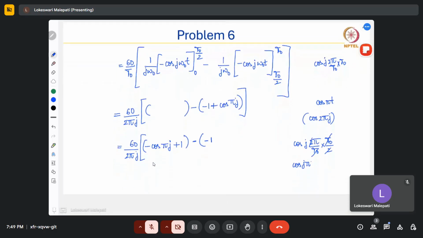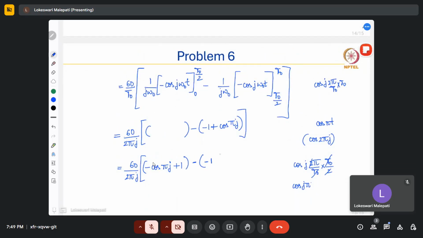And then again, minus cos, so we will get plus cos pi j, because the second term is minus and there is one more minus. So this is 60 by 2 pi j of 2 minus 2 times cos pi j.